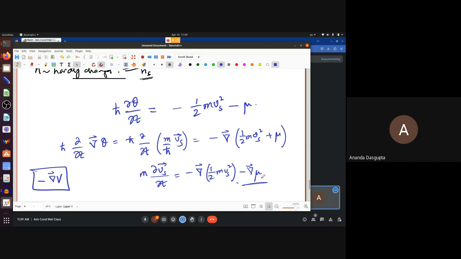Come on, don't you recognize this? That this is the force? The relationship between potential energy and the force on a particle: F is minus grad U. You must remember all that, right?